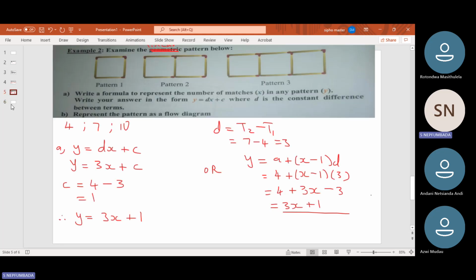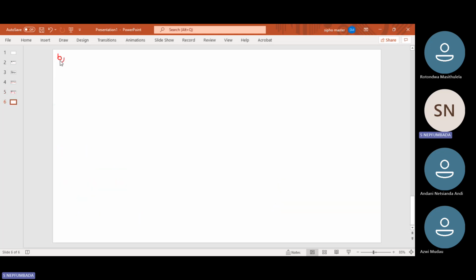They say represent this in a flow diagram. This is our flow diagram. Here is the input. Then here we write our formula, which is 3 times x plus 1. Then we write our y, which is the output. We are done. Was it difficult?